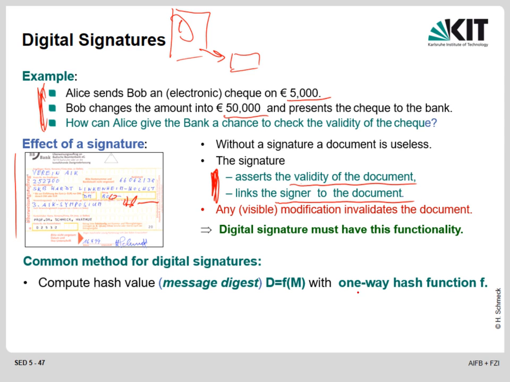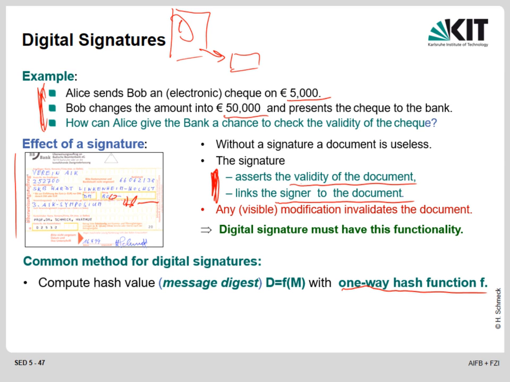It is a so-called one-way hash function. A one-way hash function is easily computed, but it's hard to invert. Like it's very hard to determine the document which actually was the argument for that hash function.